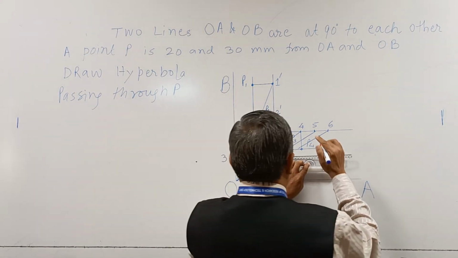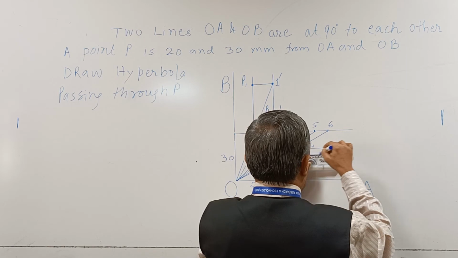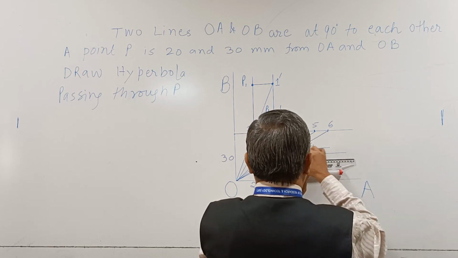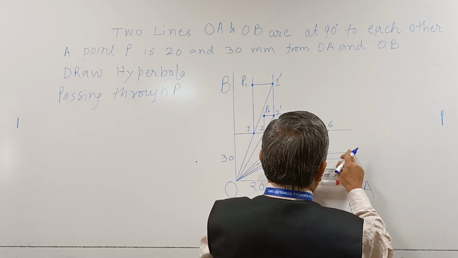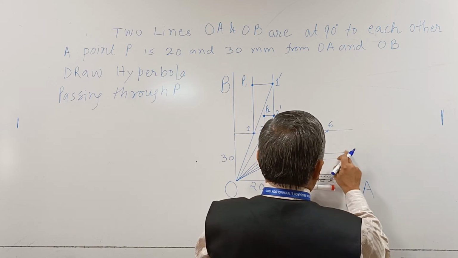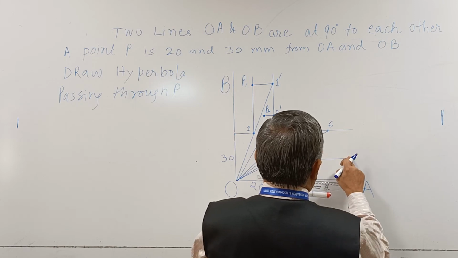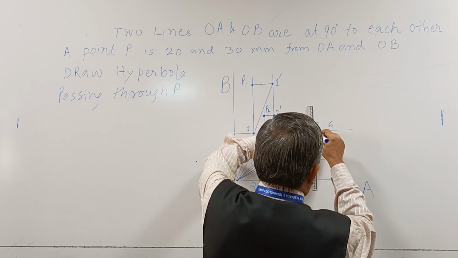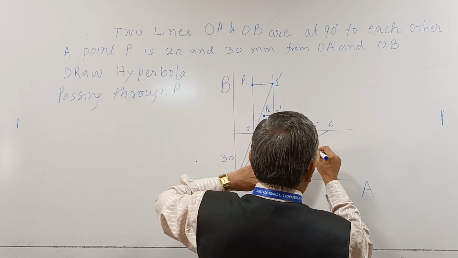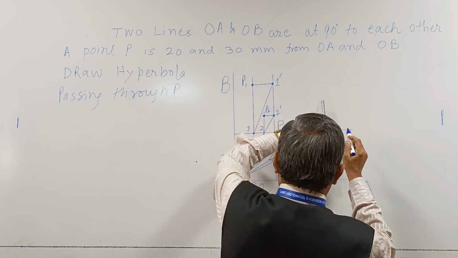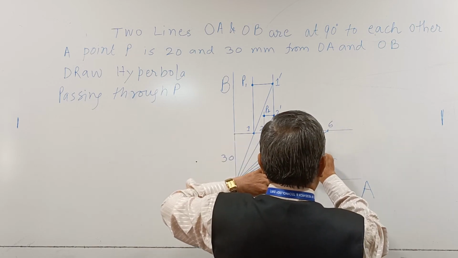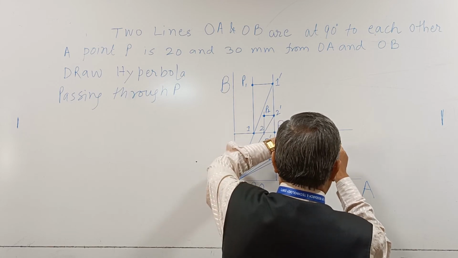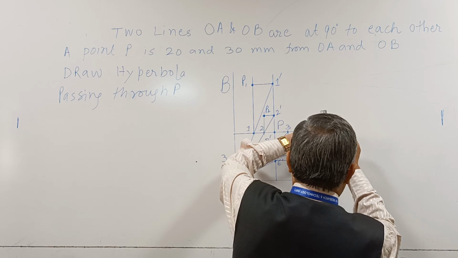And same way from 5 dash and from 6 dash we draw lines parallel to OA, and from 5 and from 6 parallel to OB.